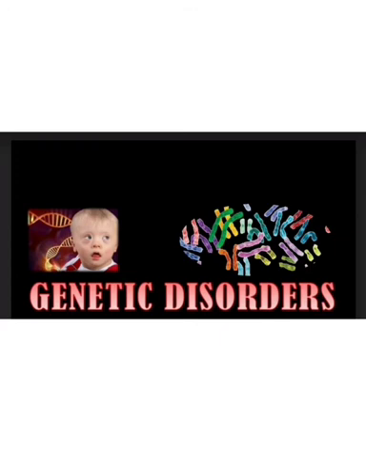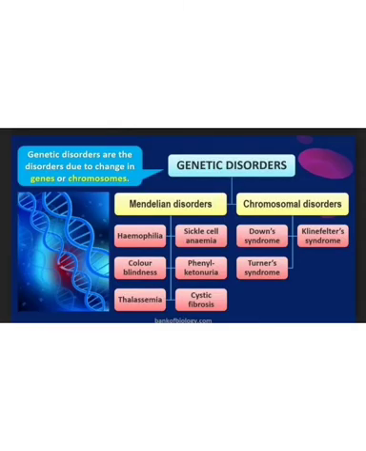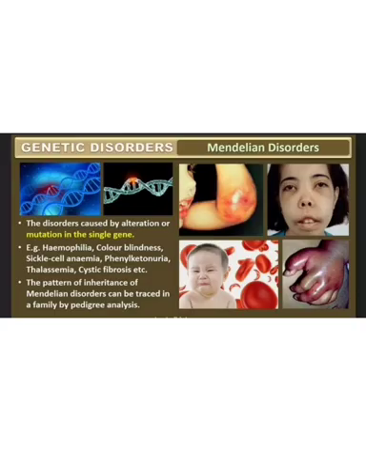An alteration or change in genetic material leads to genetic disorders. Broadly, genetic disorders are grouped into two categories: Mendelian disorders and chromosomal disorders. Mendelian disorders are due to alteration or mutation in a single gene. They are transmitted to the progeny in the same way as Mendelian principles of inheritance.